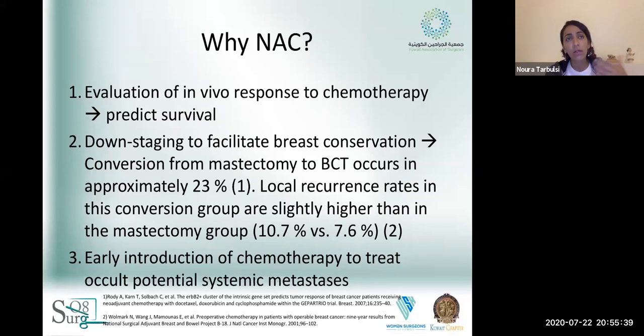So all locally advanced breast cancers are either, as we see them now, with negative scans but starting to have metastases, or they will have metastases in the near future. So there is the theoretical advantage of introducing chemotherapy early on to treat occult systemic disease. And if the patient had occult systemic disease and she progressed during your chemotherapy, then you know by that time that she will not benefit from surgery, so you don't need to do the surgery for her.